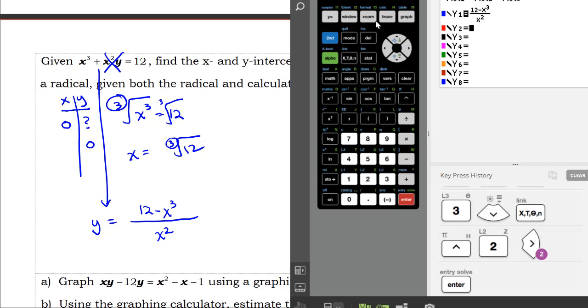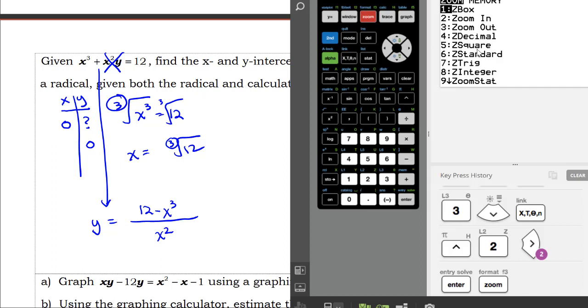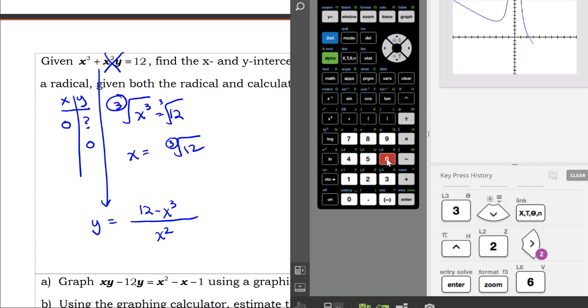Now if we graph it, let's all see the same thing. Let's press zoom, and 6 is standard, right? Zoom in 6. There's our graph. What do you think happens to these two branches of the graph as they get closer and closer to the y-axis?